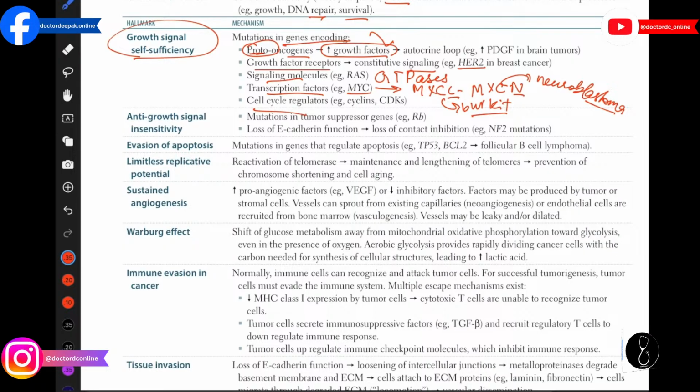Cyclins are also responsible for proliferation, along with cyclin D and cyclin-dependent kinases. Cyclin-dependent kinases are the other key regulators of the cell cycle, ensuring its progression through various phases and maintaining genomic stability.